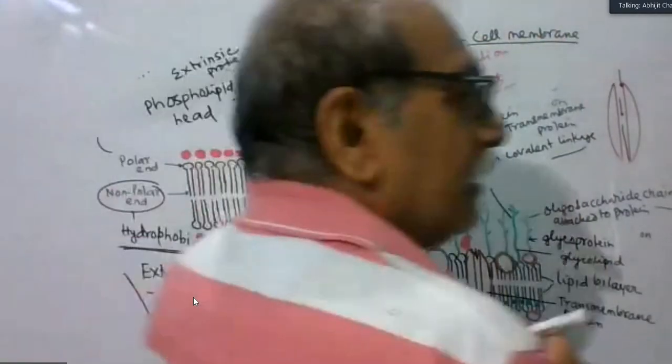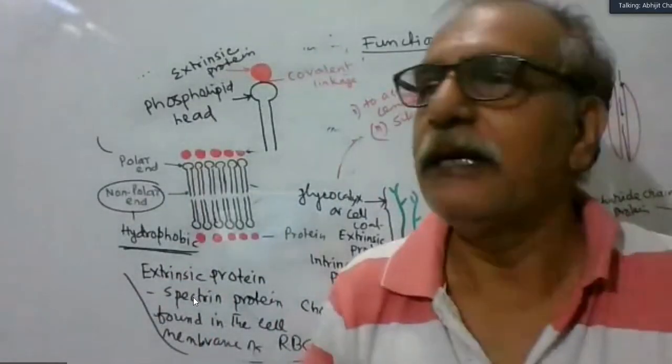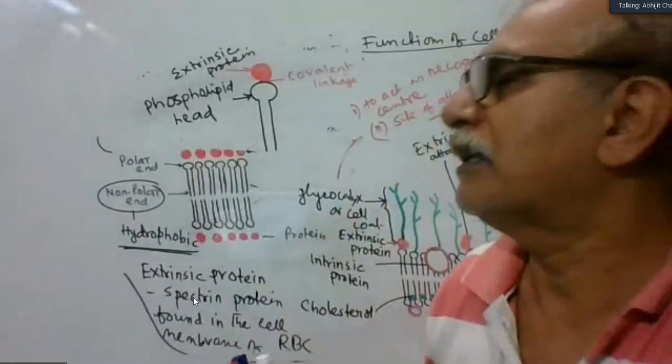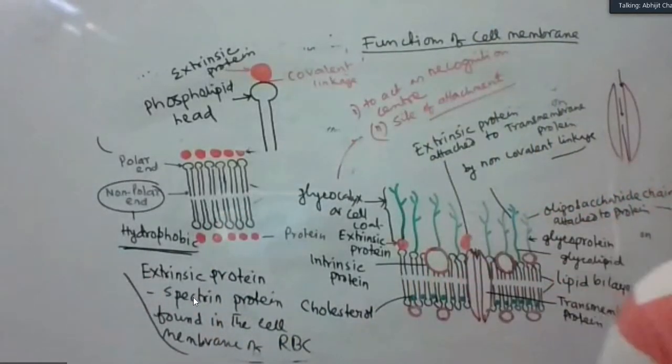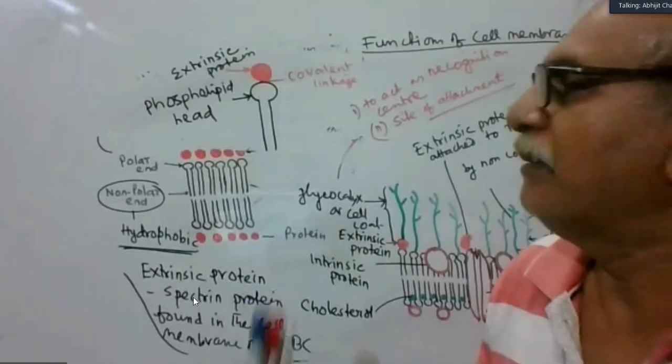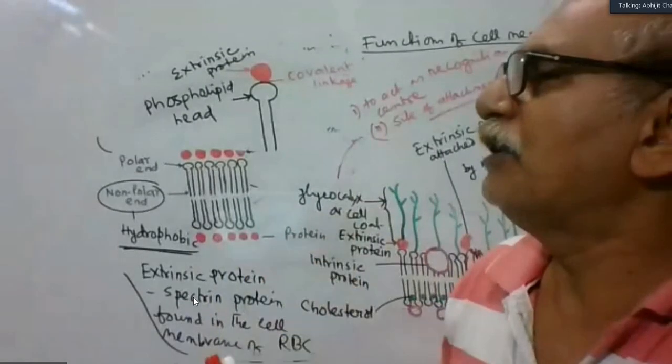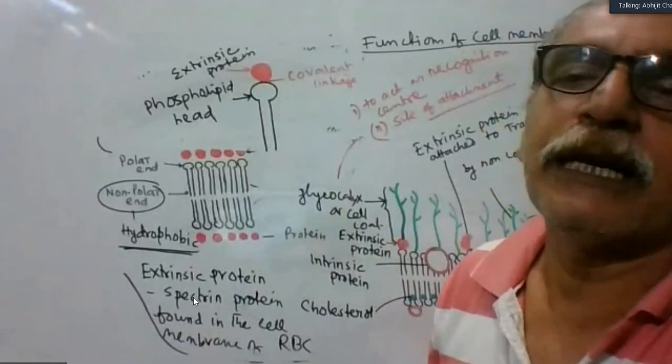After studying the cell membrane in different aspects, discussing different models, and knowing its location, I would like to know the basic function of the cell membrane. First, most important, its main role is to separate the cell from the external environment.